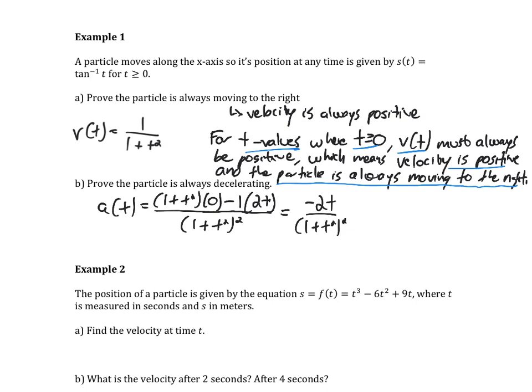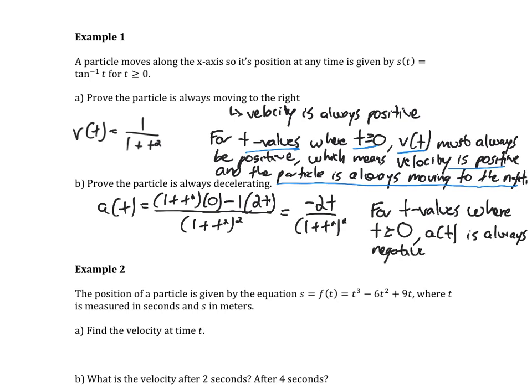All right, so here's what I would say. I would say for t values where t is greater than or equal to 0, a of t is always negative, which means the particle is decelerating.